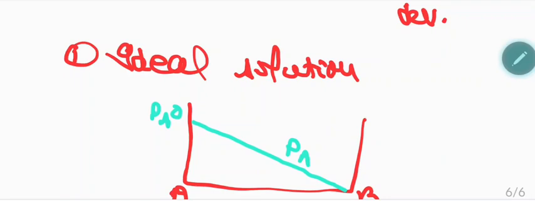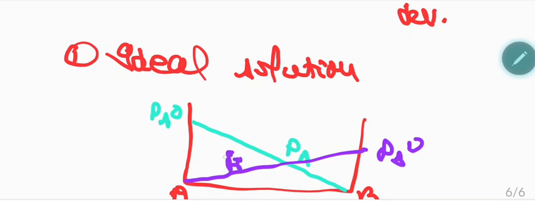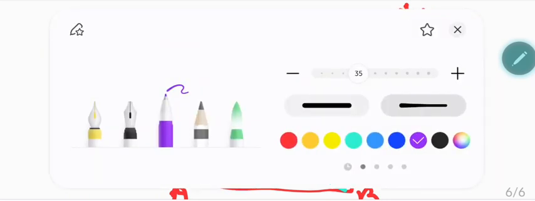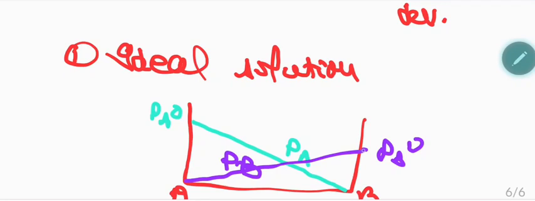Here this is PB naught and PB. I am just assuming that B will be less volatile than A. And this line which combines both is P total. This is for the ideal solution.